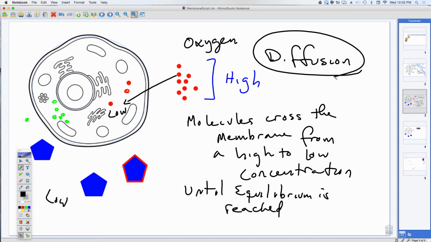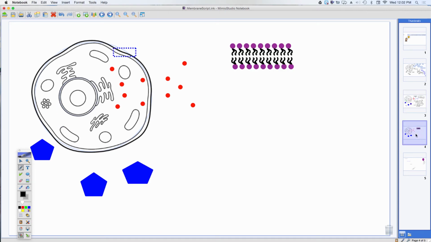When it's water that follows the concentration gradient, maybe a high concentration of water inside the cell diffusing out of the cell to a low concentration, we call that osmosis. So here you can see that the oxygen molecules have diffused and we have achieved some kind of dynamic equilibrium.